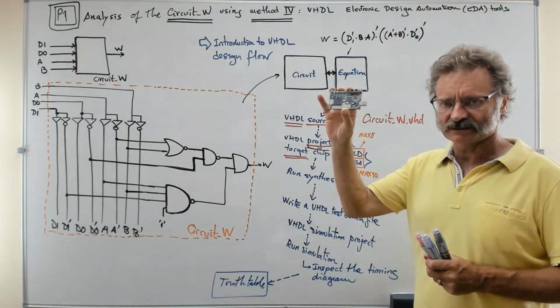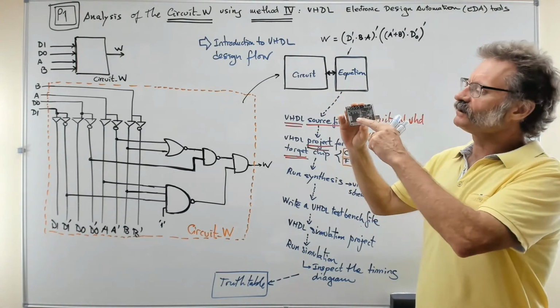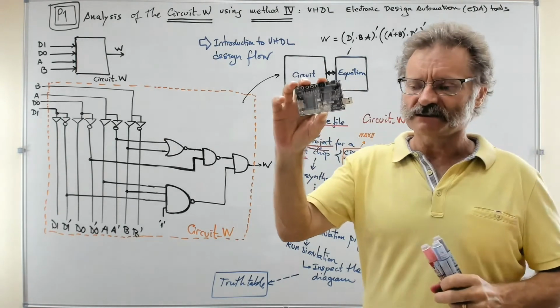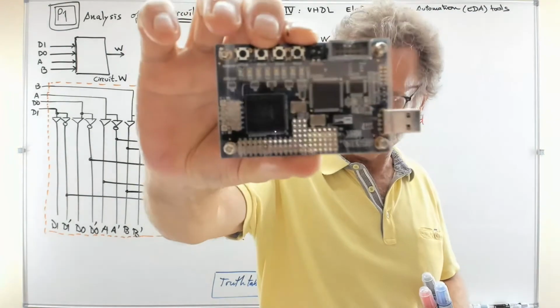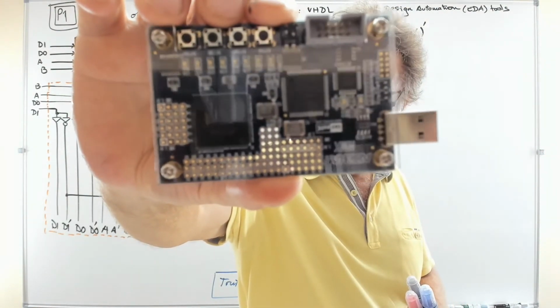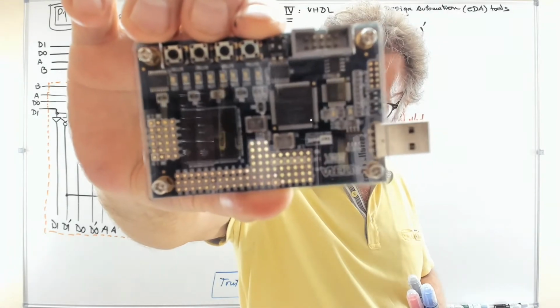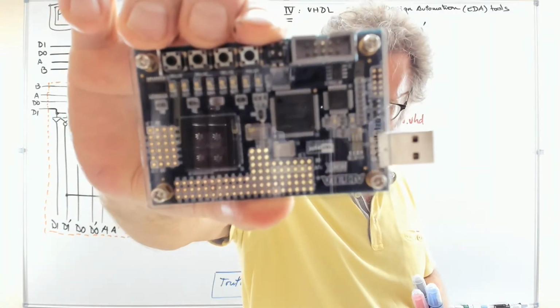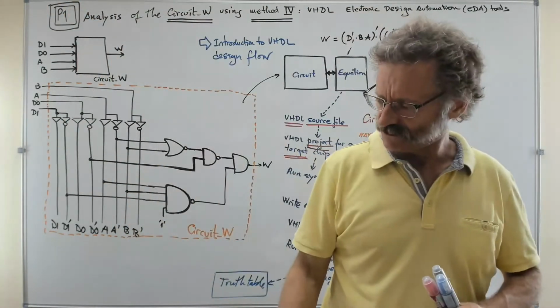This is a typical complex programmable logic device that you can see here in this room. The big square chip that you see is what is called a complex programmable logic device. And we have another one, right?